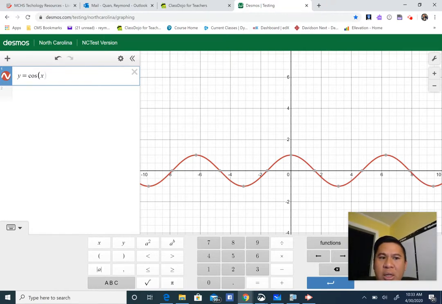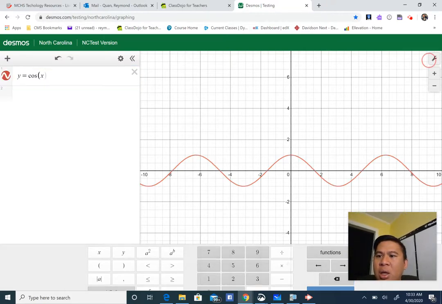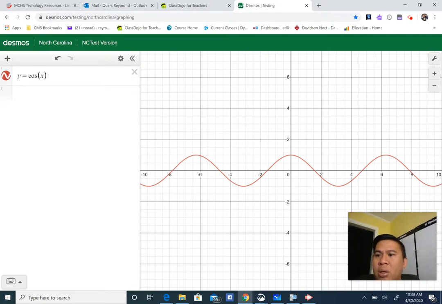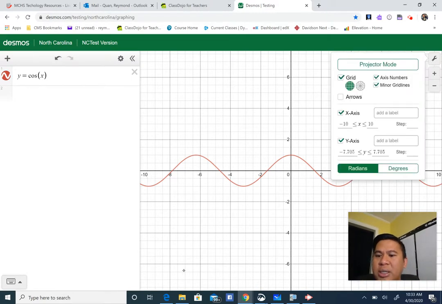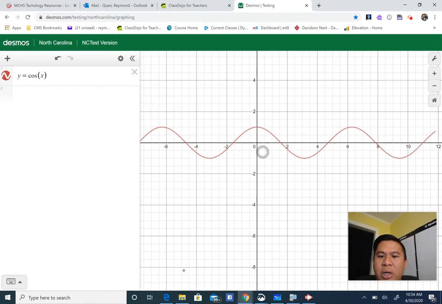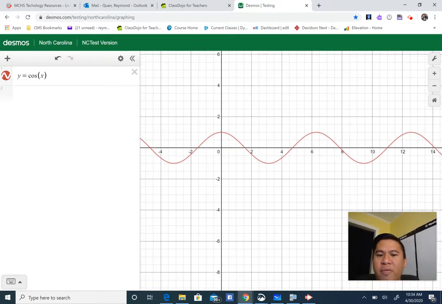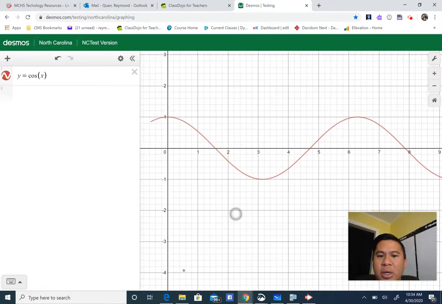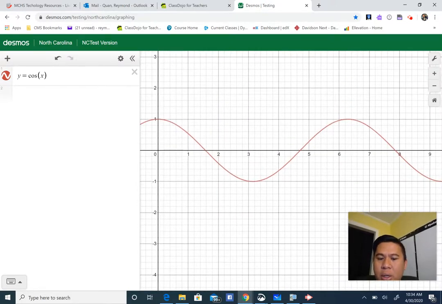Again, make sure that it is in radians under the settings. After that, we can drag the graph and zoom in so that we can clearly see it.